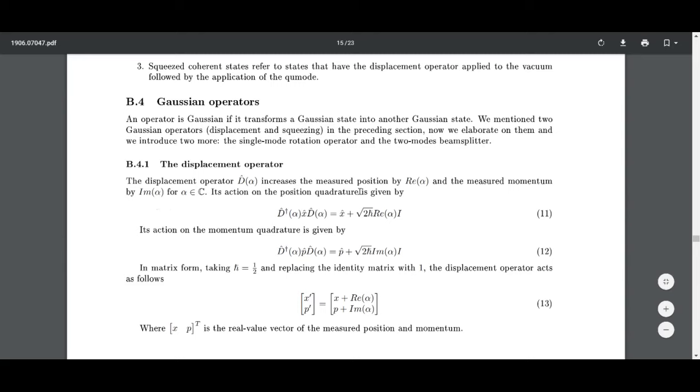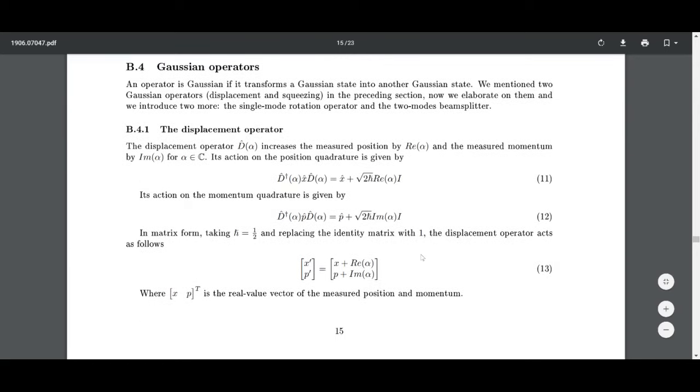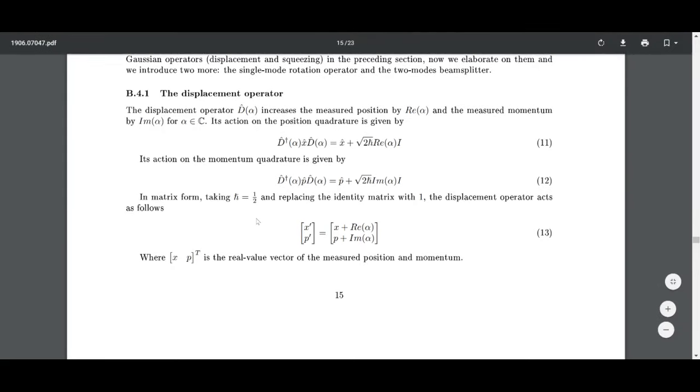Its action on the position quadrature is given by this. Its action in the momentum quadrature is given by this. So in matrix form, taking half and replacing the identity matrix with 1, the displacement operator acts as follows. So it adds an offset in both position and momentum.